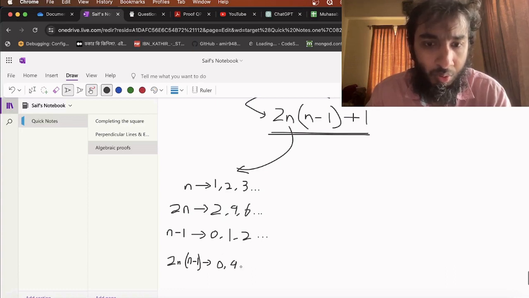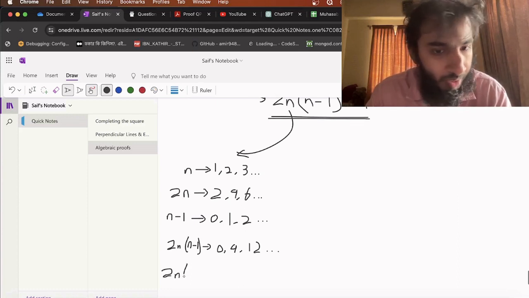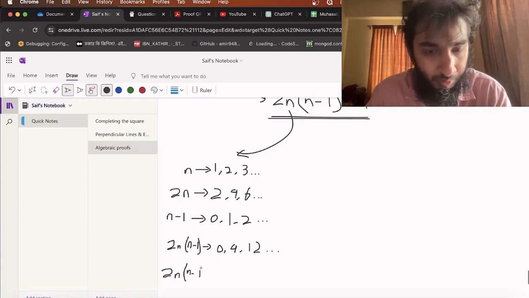And 6 multiplied by 2, which is 12, and so on. What is the value of twice n into n minus 1, plus 1?